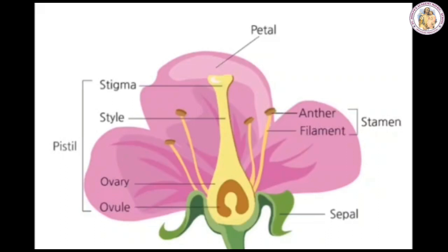The green part that lies under the petal and supports it is called sepal. The middle of the flower has two parts called the stamen and pistil.